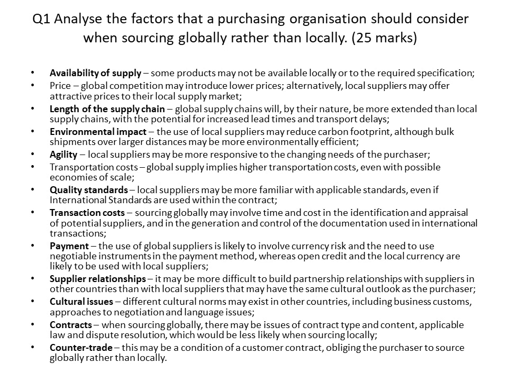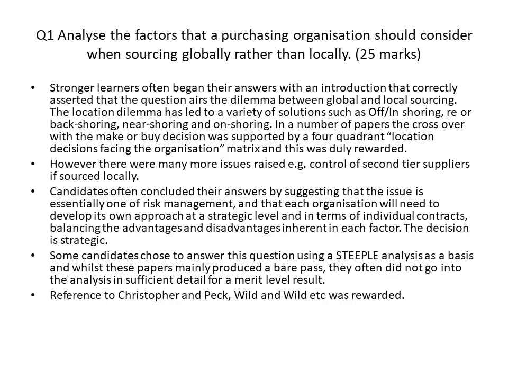And some more detail there on perhaps what you might talk about under each area. And that gives you some more factors. What is useful here is if you notice theory, you've got to use theory, and the theory that they're throwing in here on factors you should consider: reference to Peck, Wild and Wild's sources of risk in supply chains could be mentioned.